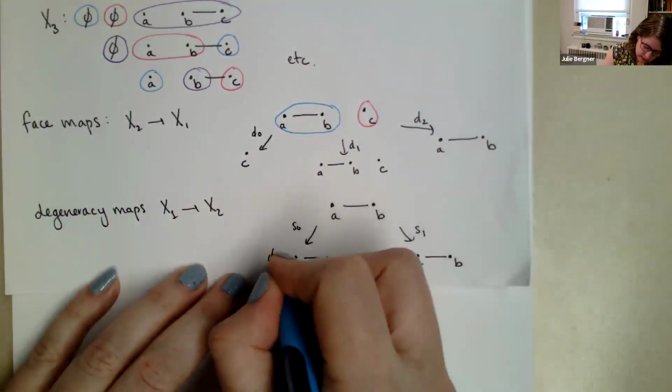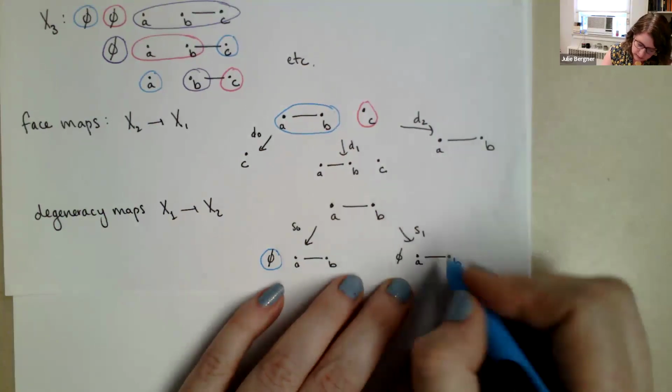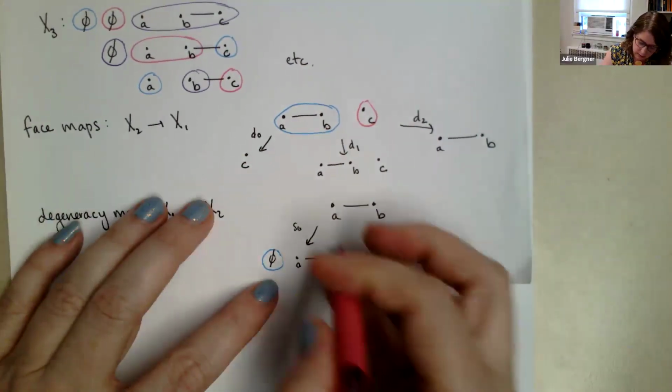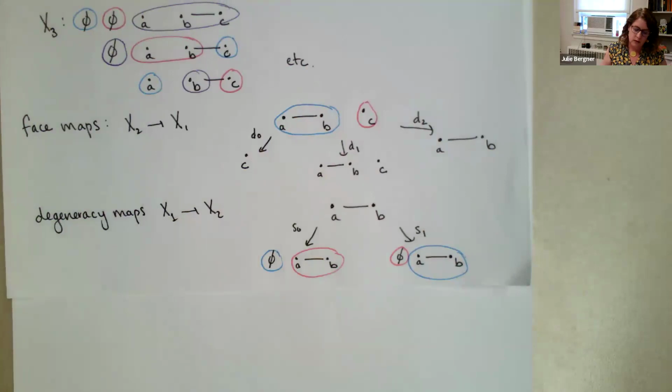So for S0, you make the empty set come first. For S1, you make the subgraph come first. And so that's the simplicial structure.